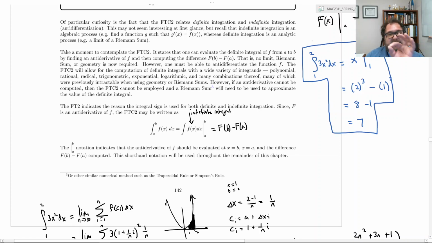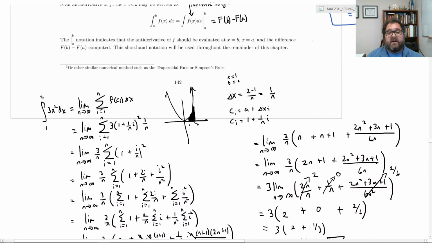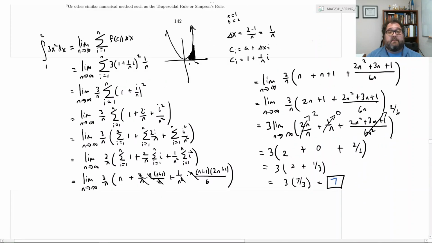But that is the beauty of the second fundamental theorem of calculus. Now, why was that so easy, the work there in blue? Because we had an easy antiderivative to calculate. So the trade-off is, obviously a Riemann sum takes a lot of time and effort.